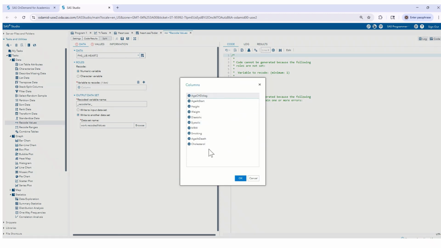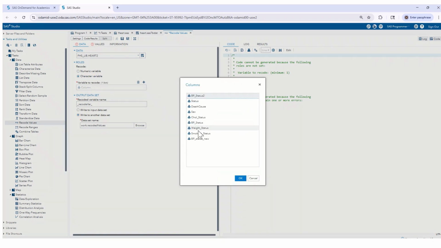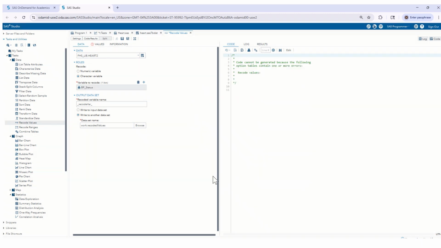The variable to code is BP status, which is a character variable, and the new variable, I'm going to call it BP underscore status 2, and I'm going to write to the input dataset, in the same dataset.